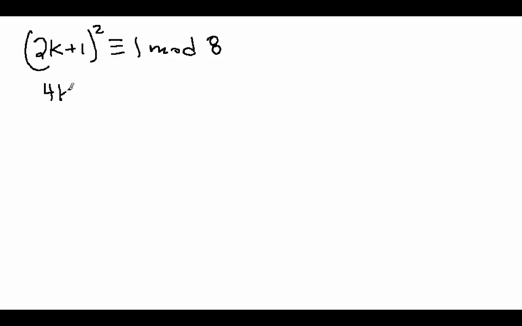So if I come over here and I say, well, suppose that 2k plus 1, well, that's an odd integer, and I'm going to square it, and that's congruent to 1 mod 8. And I come over here where I'm going to square the left side. So if I square the left side, I get 4k squared plus 4k plus 1, and that's congruent to 1 mod 8.